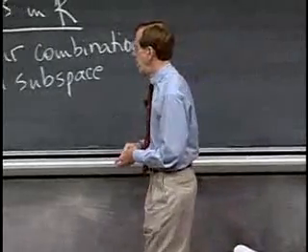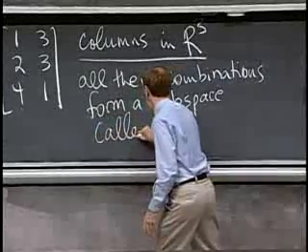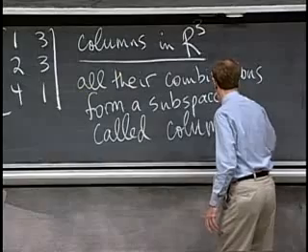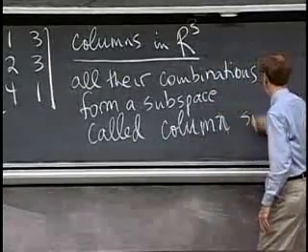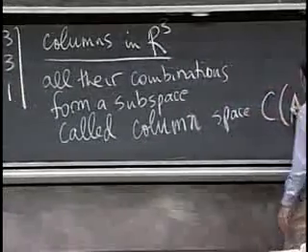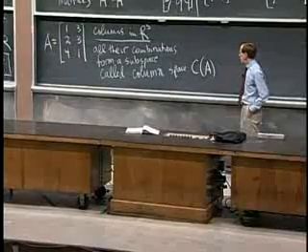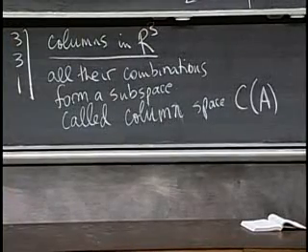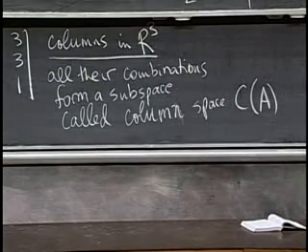And we'll give it a name, the column space. And maybe I'll call it C of A. C for column space. There's an idea there that is like the central idea for today's lecture.